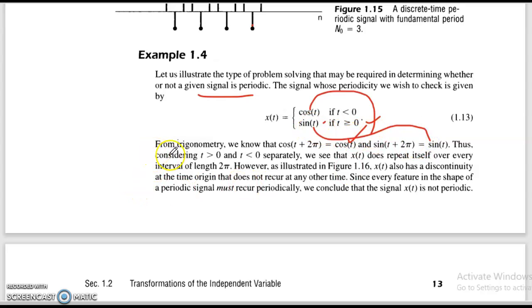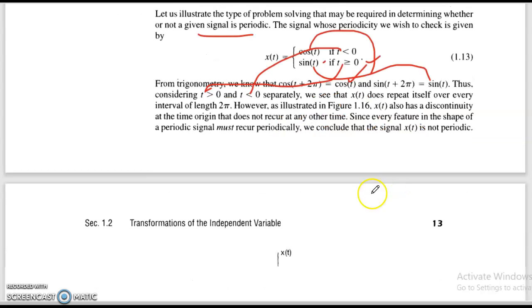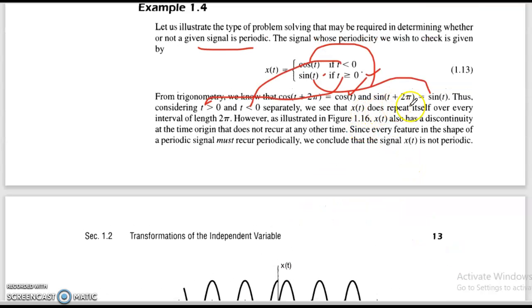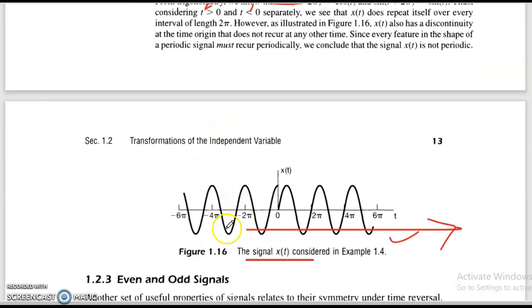Thus, considering t greater than 0 and t less than 0 separately, we see that x of t does repeat itself over every interval of length 2 pi.